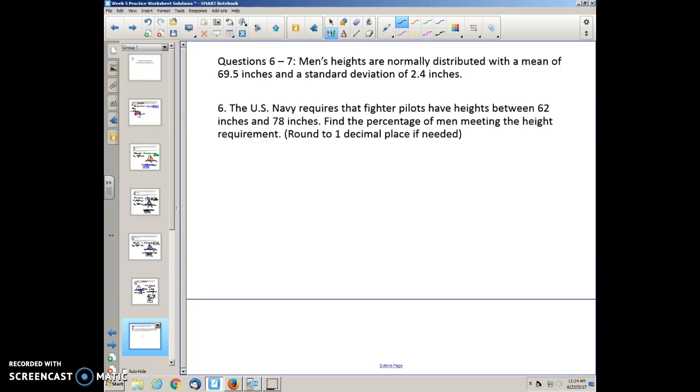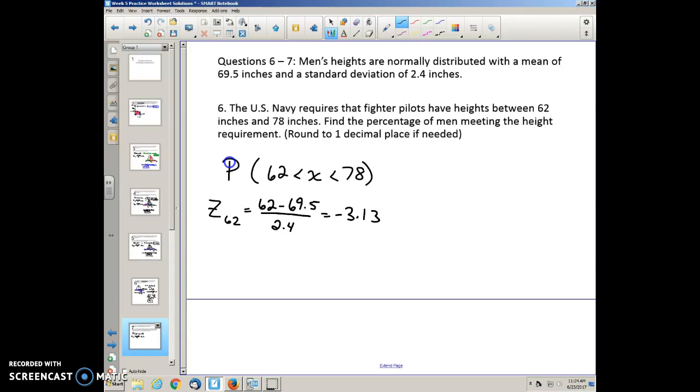All right. So we want the probability that x is between 62 and 78. So we need to convert the 62 to a z-score first. And it says population mean is 69.5, standard deviation is 2.4. So we do 62 minus 69.5 over 2.4. We get negative 3.13.